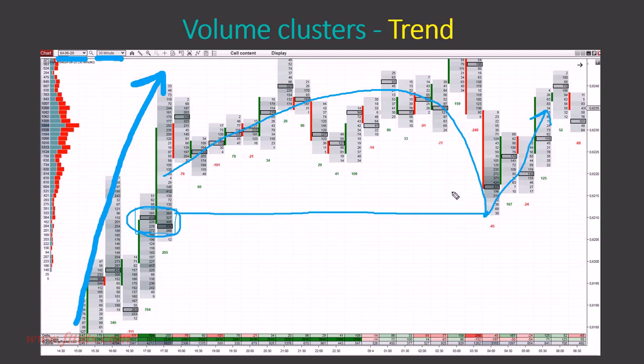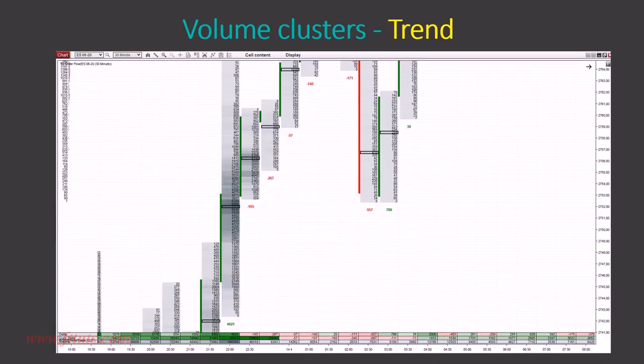All right. Now the last example of this volume cluster setup is on the ES, which is futures for the Standard & Poor's index. And currently this index is very volatile. So you can see, if you look at the chart, the volatility is just crazy, but there was a really significant volume cluster area in here.